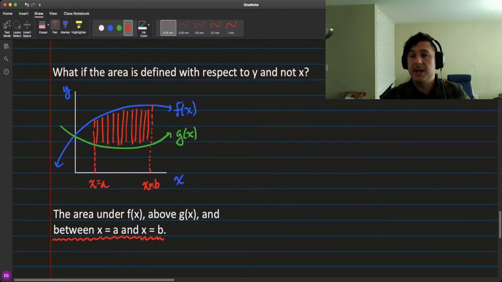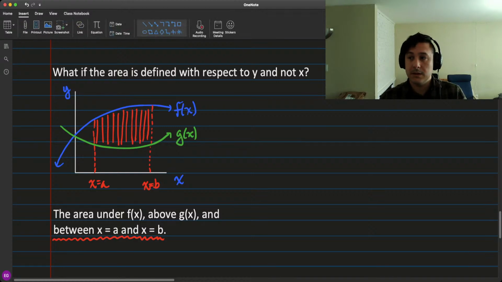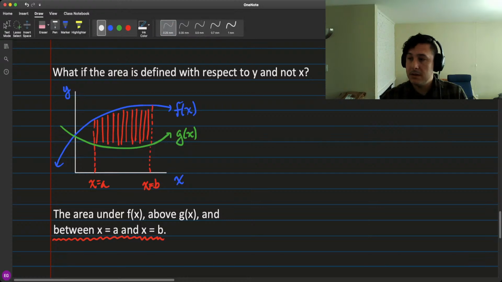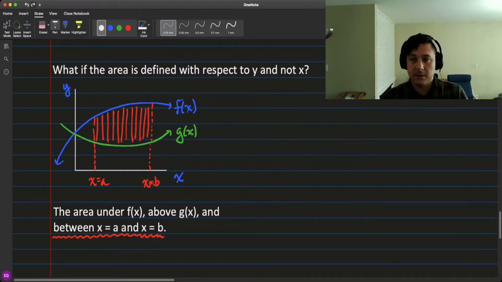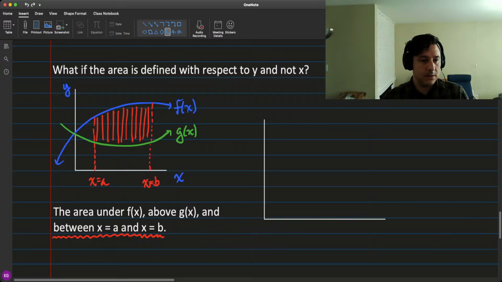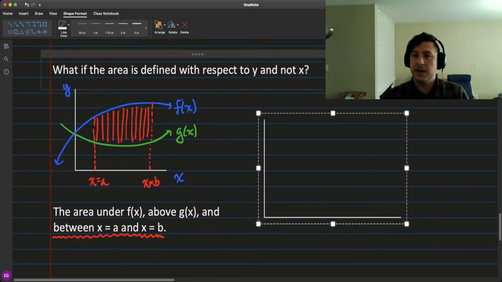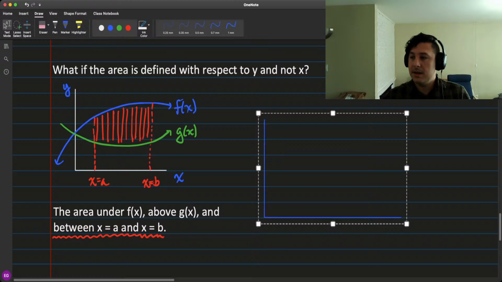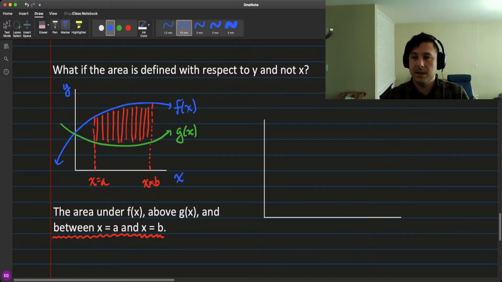So I'm going to draw in another axis. Here's our x and y axis.